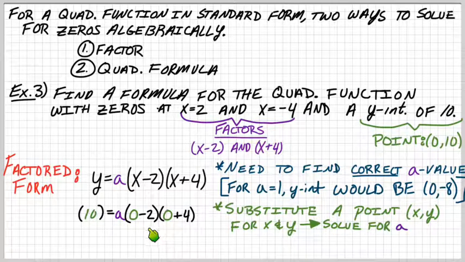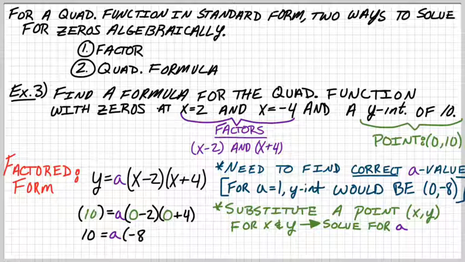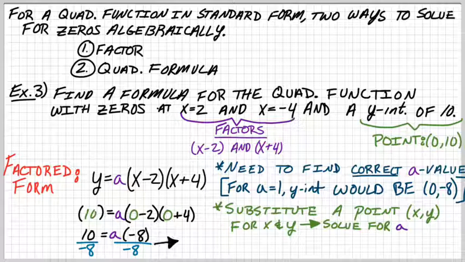Okay, then this math actually should be pretty easy. That's -2. Do the parentheses first. -2 times 4, so that's -8. So 10 equals a times -8. Divide by -8 on both sides. And let's simplify that fraction a little bit. This is -5/4.